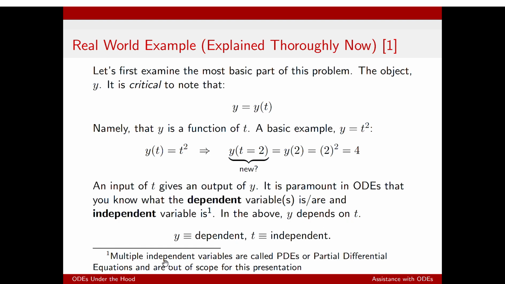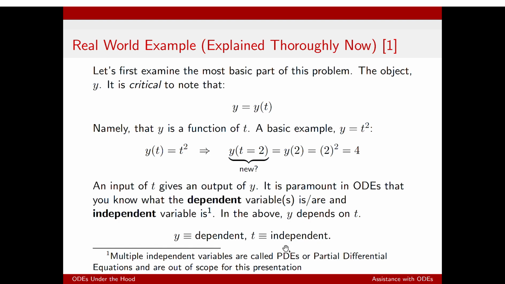Also, if you're wondering, hey, can I have multiple independent or dependent variables? Yes, you can. That's why this little s here is here. So we can have systems of ODEs, which you might come to much later. Don't have to worry about it now. But you'd have, say, y of t and x of t and z of t.